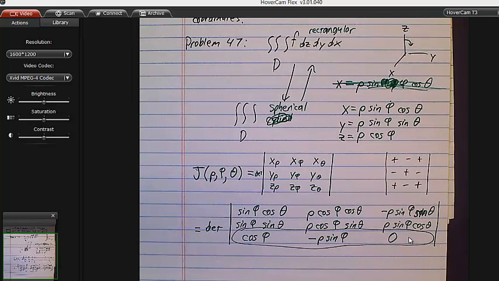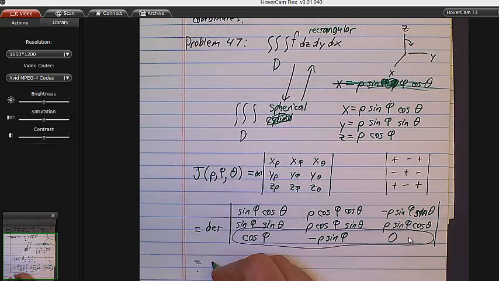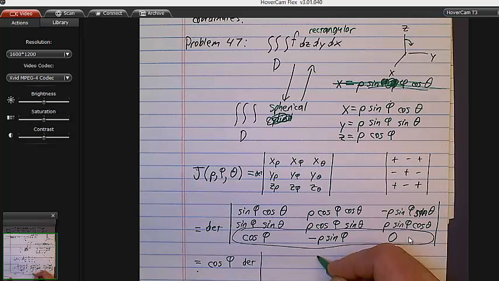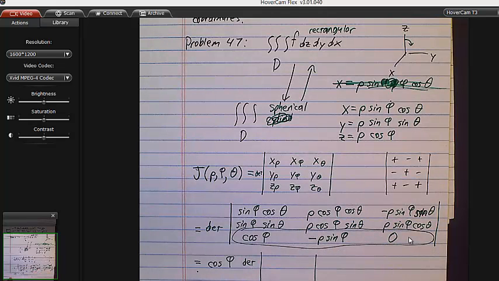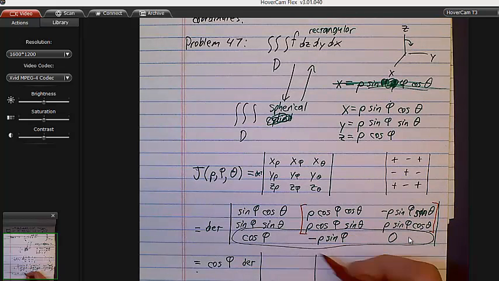So I'm going to say that this equals, let me work this out now. When I get here, it's a positive. Positive cosine phi times the determinant of a 2 by 2 matrix. What's the 2 by 2 matrix? It's the top corner. I'll put it in brown here.